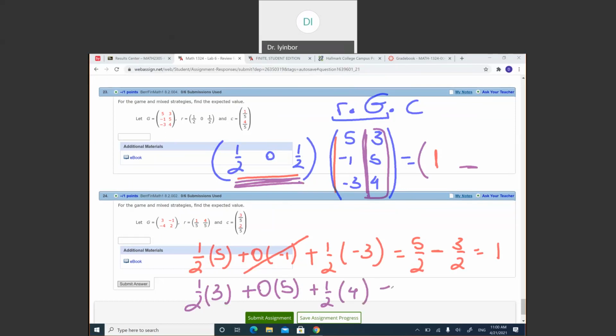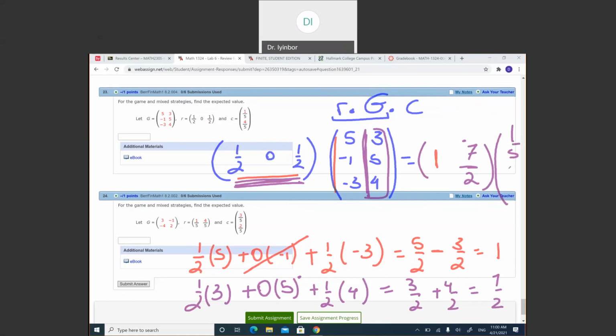So here this is 0, so you have 3/2 plus 4/2, which is 7/2. So the second number here, I'm going to put 7/2. Okay, 1 and 7/2.